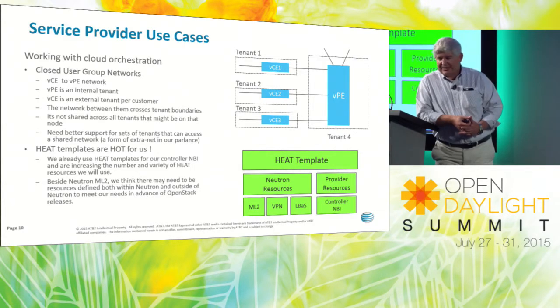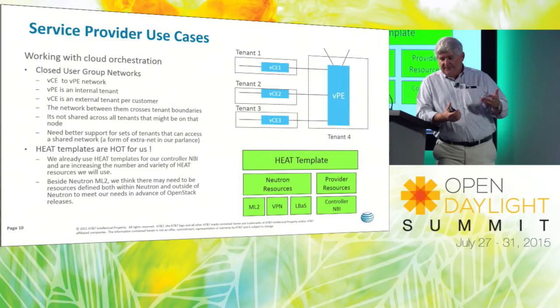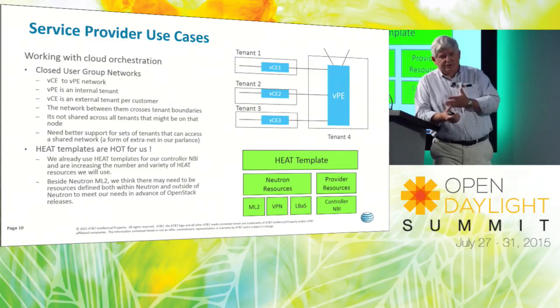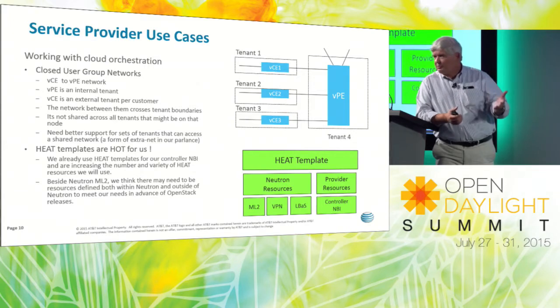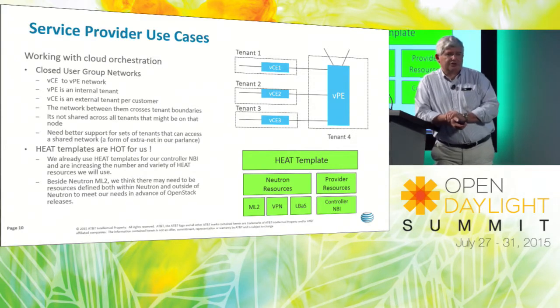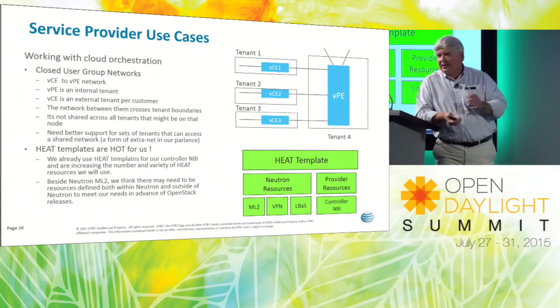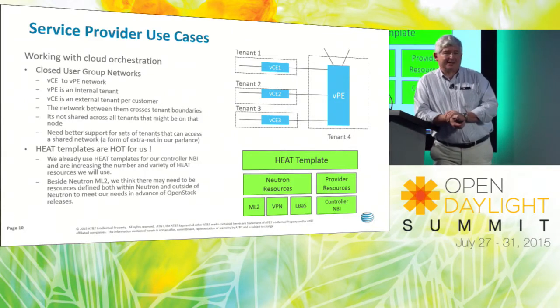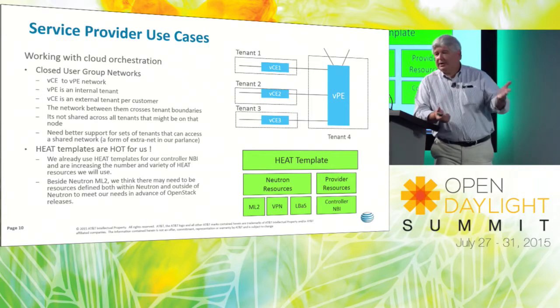The first is a problem with closed user groups in networking, as we've tried to build things like a VPE that might be owned by an internal tenant for the internet service in the company, but customer edge routers owned by their individual subscribers. We have this problem that a Neutron network crosses tenants, and we don't want to make it an admin tenant that is accessible to everybody.